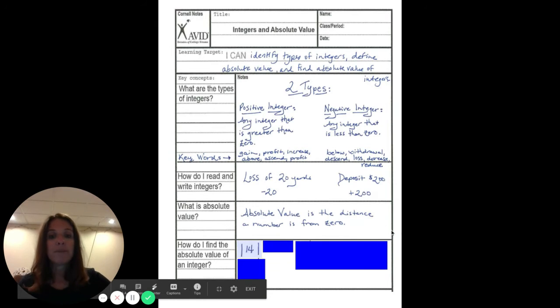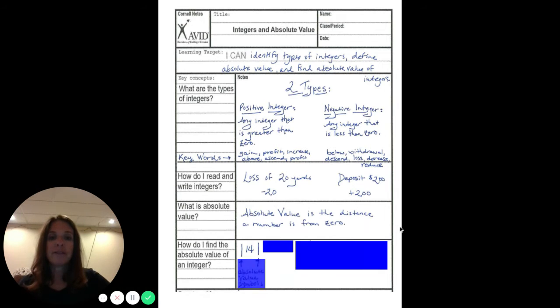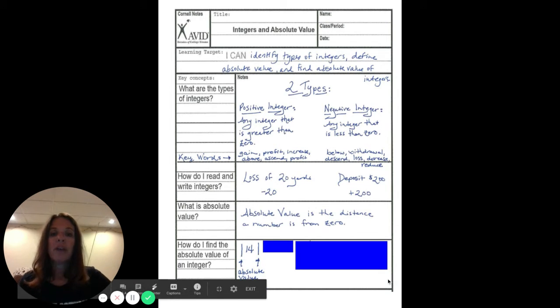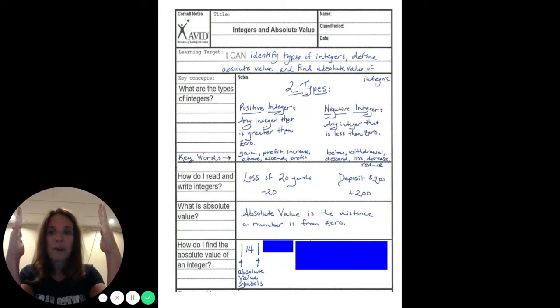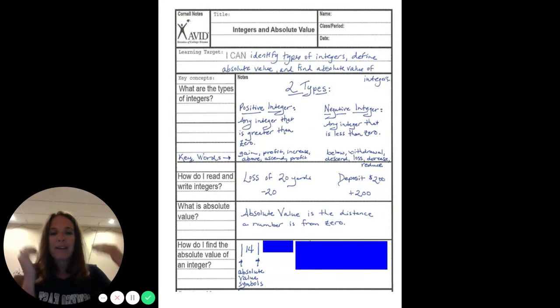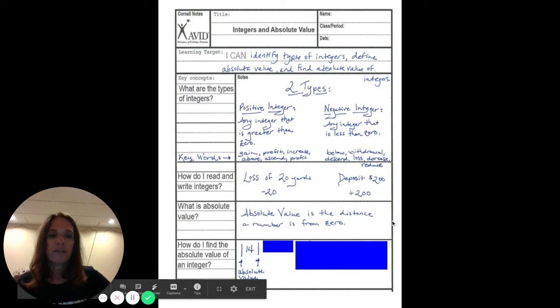How do you find absolute value of an integer? Well, first of all, this is how we write absolute value. You see two vertical lines, kind of like bars, surrounding a number. Those are your absolute value symbols. And you're going to practice with us reading what that means. Like, how would you say that?